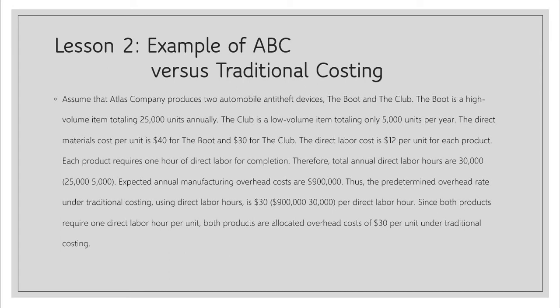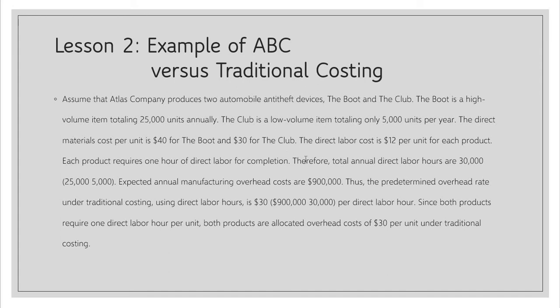Okay? So, assume that ito yung case natin, assume that Atlas produces 2 automobile anti-theft devices. The Boot is a high-volume item totaling 25,000 units annually. The Club is a low-volume item totaling only 5,000 units per year. So, the direct cost per unit is 40 for the Boot and 30 for the Club.